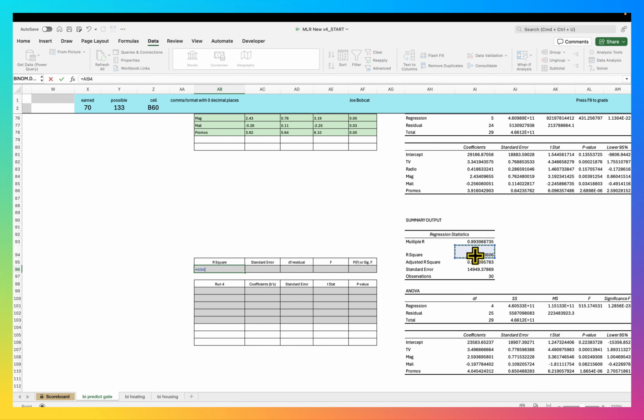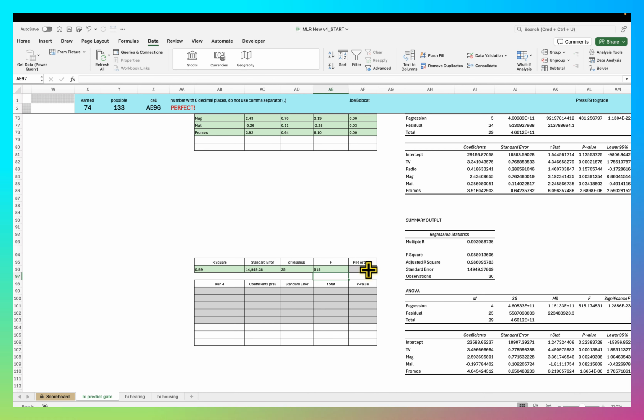There's the R squared, still staying up at 99%. Notice even though we're eliminating predictors, we haven't lost any predictive power, which is really cool. Standard error, degrees of freedom residual. Notice the degrees of freedom are increasing because we're removing the number of things that have to be estimated, because we have fewer predictors.